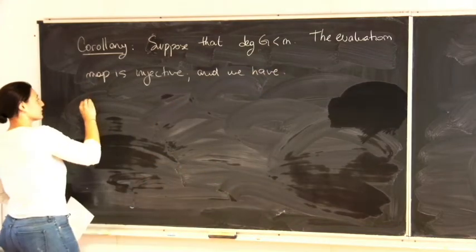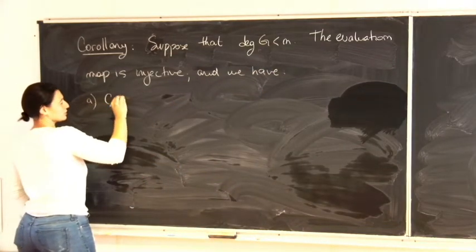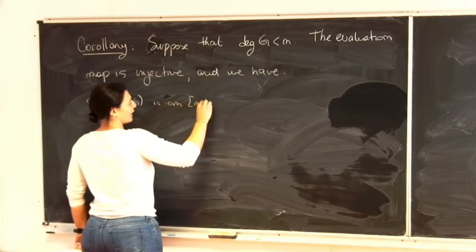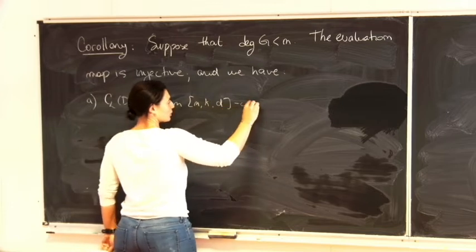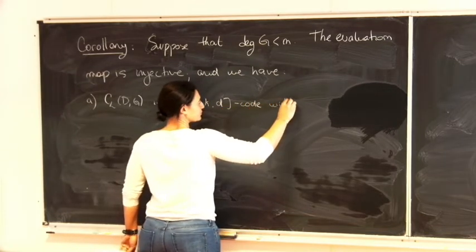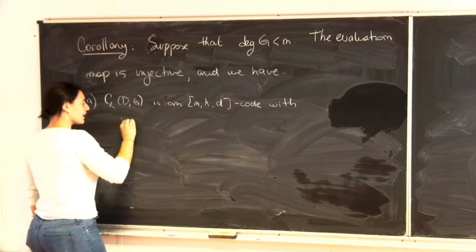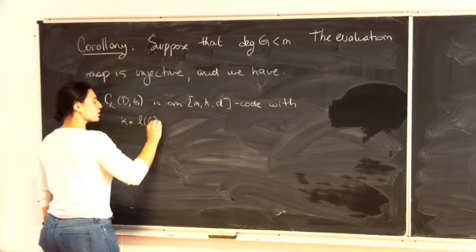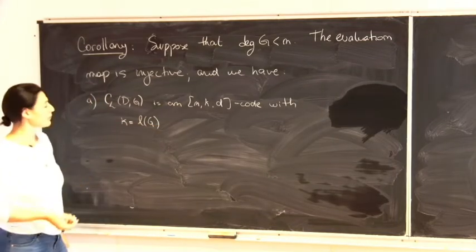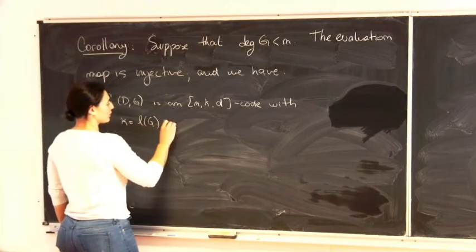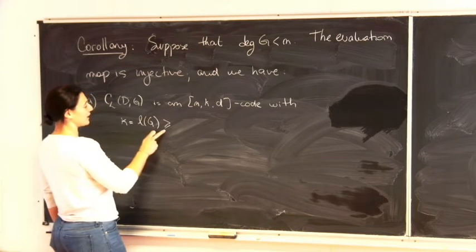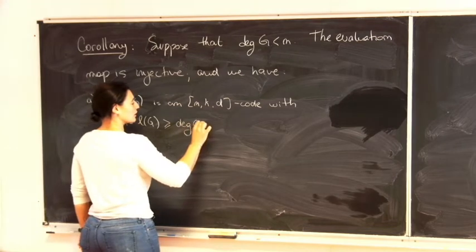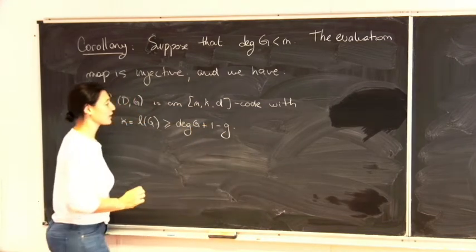Well, first, that the code is an [n, k, d] code with, in this case, k equal to the dimension of the divisor G only, and therefore, using the Riemann-Roch theorem, I can say that this is bounded from below by degree of G plus 1 minus the genus of the function field.